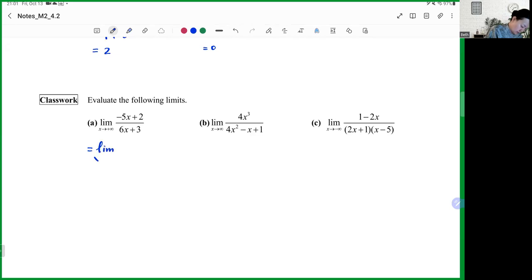another limit. And then you must divide x. Okay? And then the limit of the function is the function of the limit. So I'll put that in.